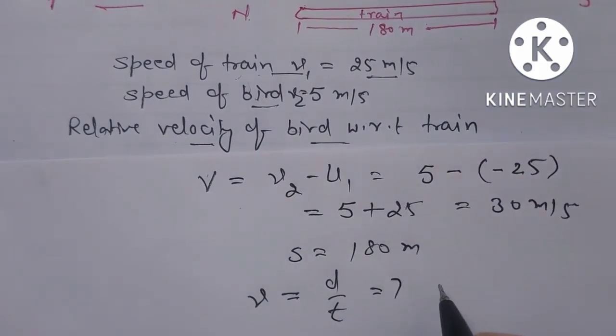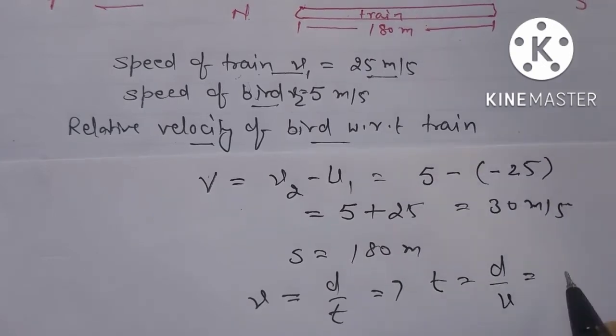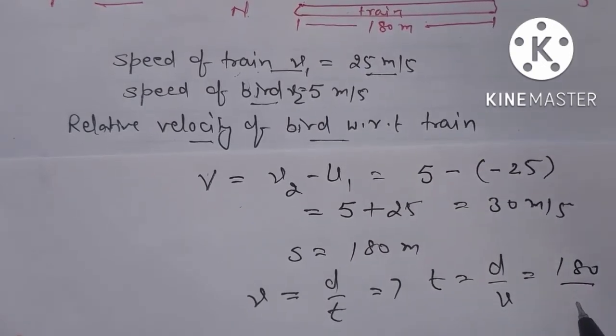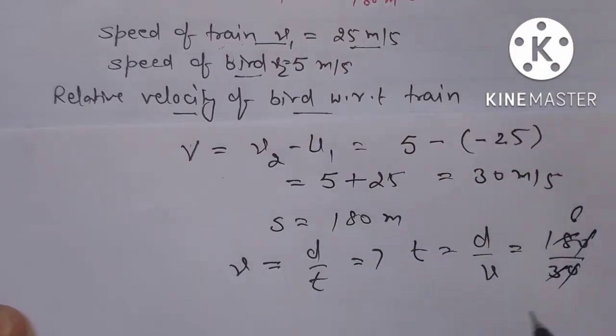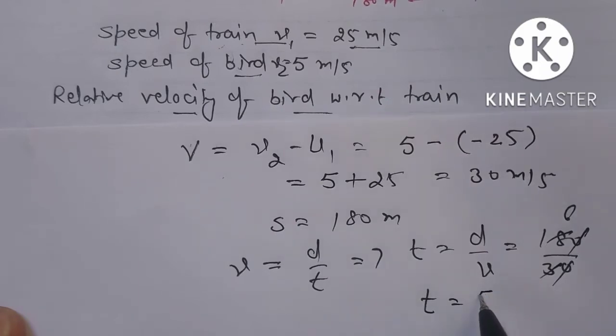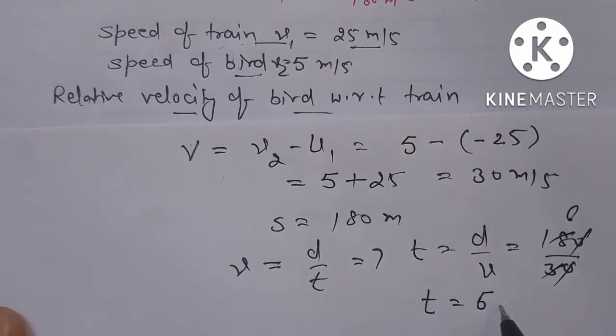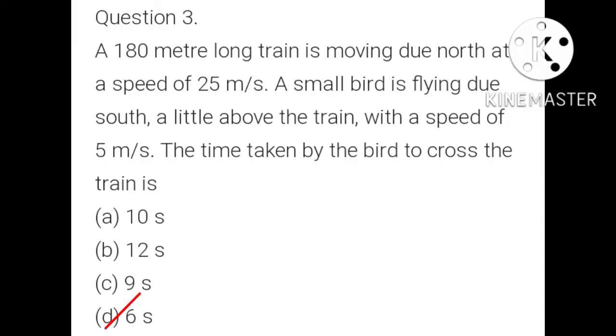Rearranging this, T is equal to D upon V. Distance is 180 over speed, relative velocity is 30. So 6 threes are 18. So time taken by the bird to cross the train is 6 seconds. So D option is the correct option. The time taken by the bird to cross the train is 6 seconds.